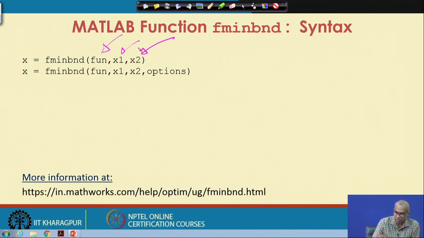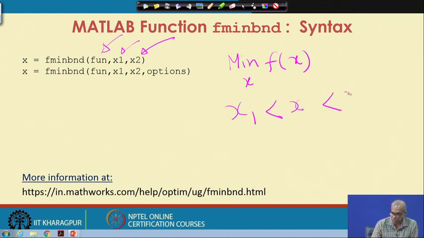So, basically it solves minimization of f(x), and x is bounded between x1 and x2.